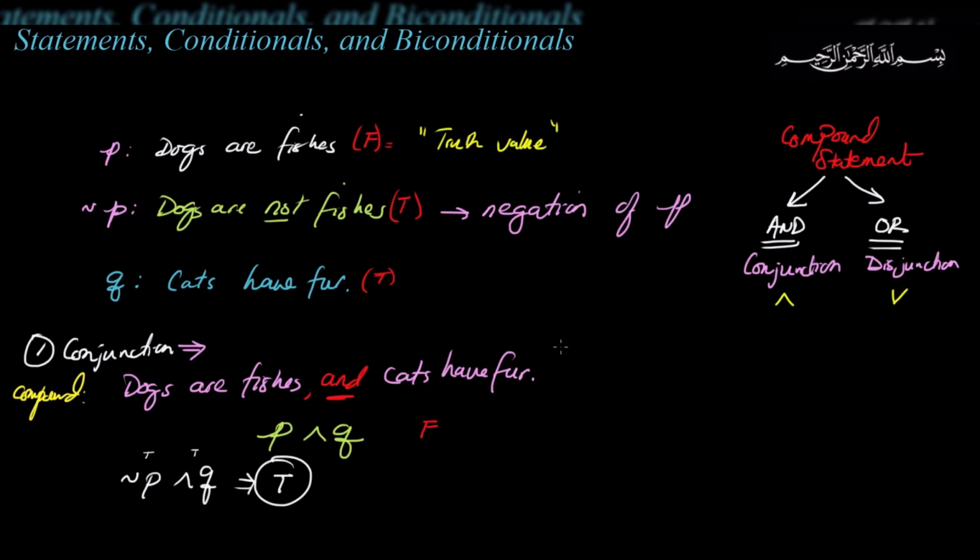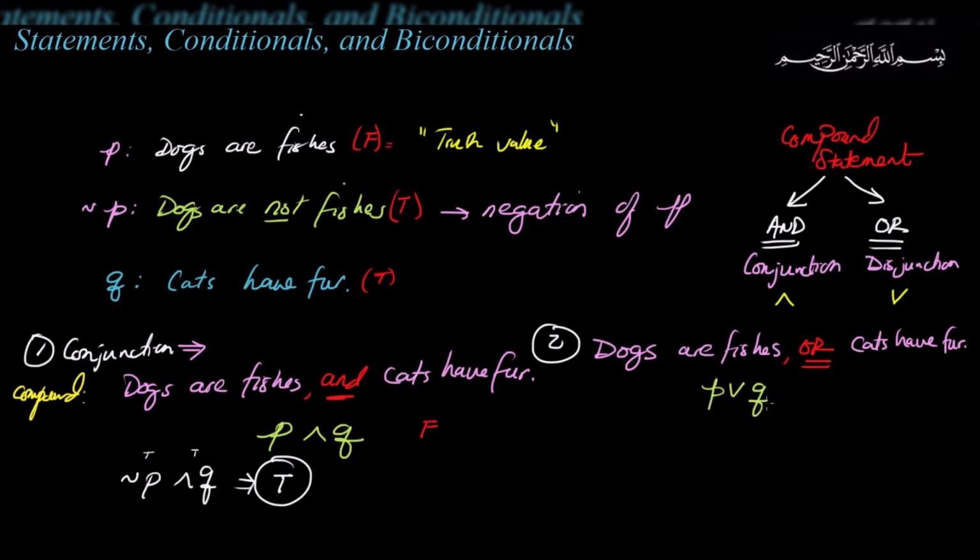All right. And then we can combine statements using the word or. And here it is. Dogs are fishes or cats have fur. So I can say this is P or Q. This is a disjunction. When you combine two statements using the word or, this is called a disjunction.